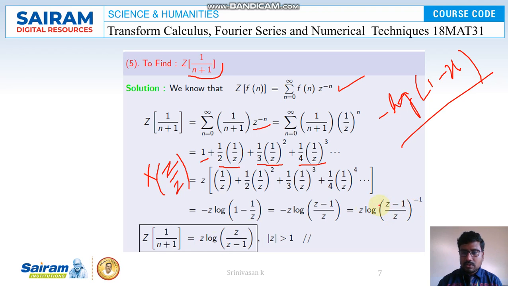So this will be z divided by z minus 1. So the z transform of 1 divided by n plus 1 equals z into log of z divided by z minus 1. So in this problem we discussed the z transform of 1 divided by n plus 1, and we introduced the new formula, that is minus log of 1 minus x.